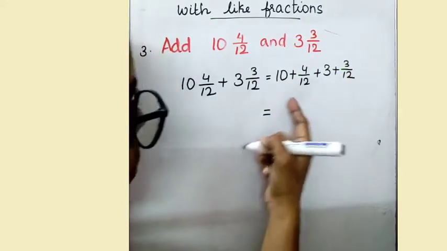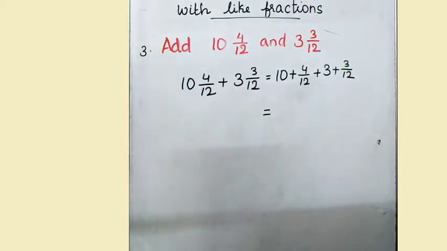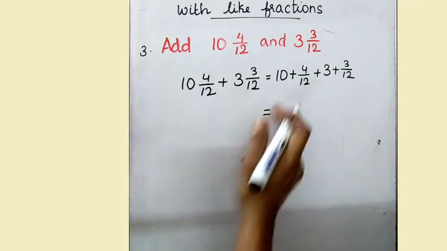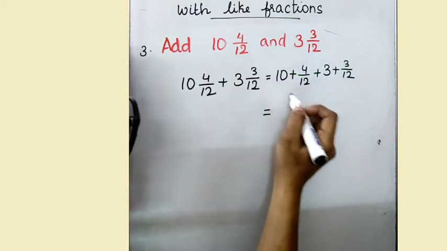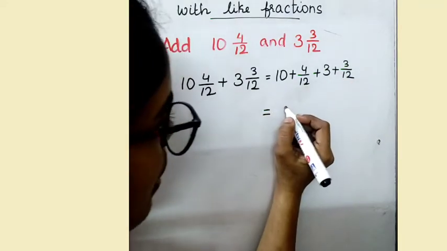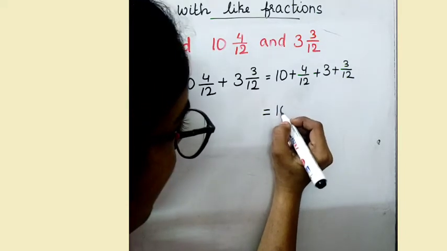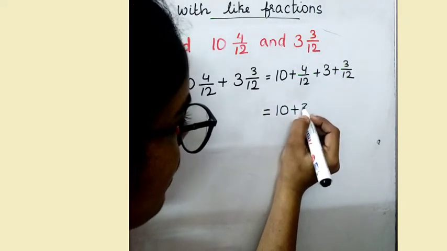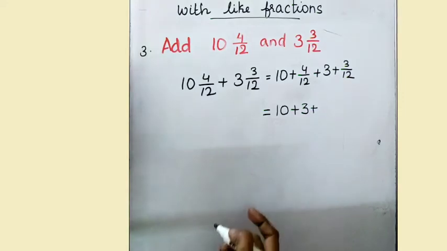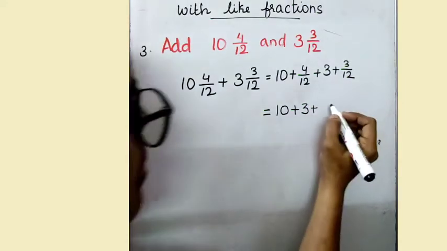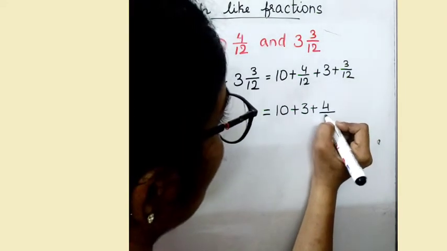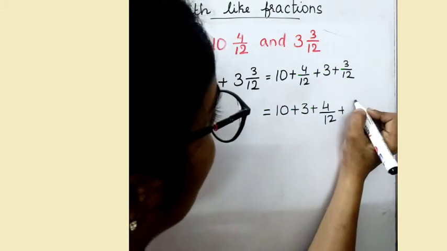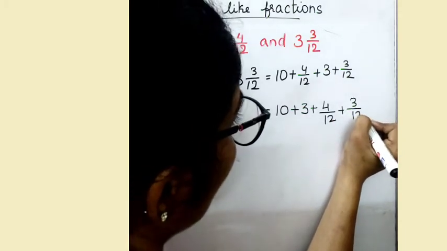That is equal to, then what will you do? First of all, add the whole number part. Which are the whole numbers here? 10 plus 3. Then add the like fractions part. 4 by 12 plus 3 by 12.